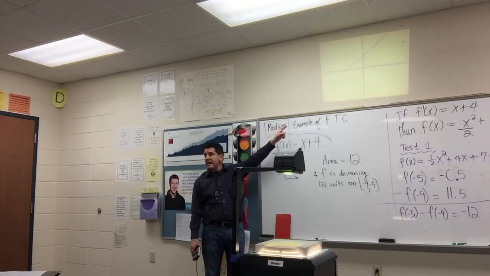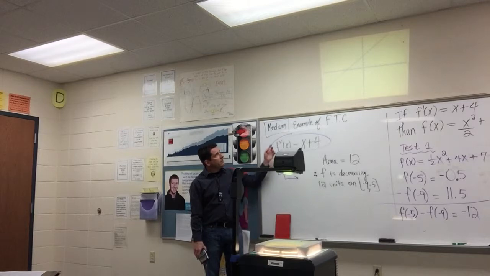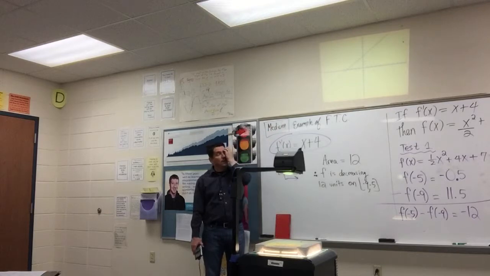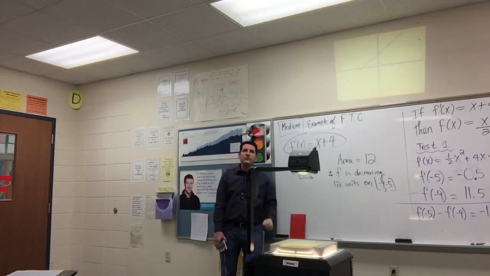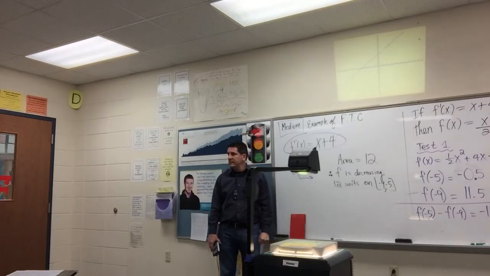We've done this dozens of times now. Here's the derivative on the interval from -9 to -5. Is the function increasing or decreasing? It's decreasing. But now we get to ask the question, how much is it decreasing by?